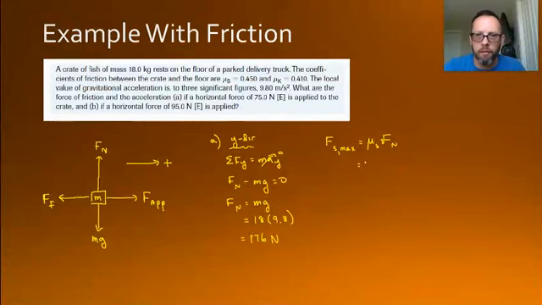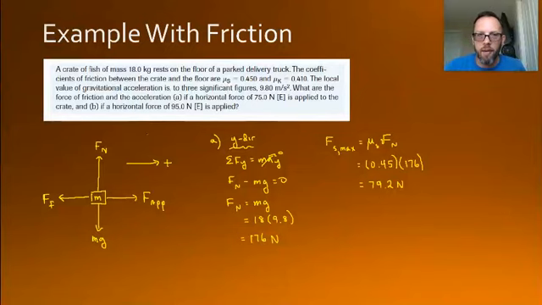So mu s, that's 0.45, Fn, 176. If we calculate that, 0.45 times 176, we get 79.2. So the maximum static friction force is 79.2.